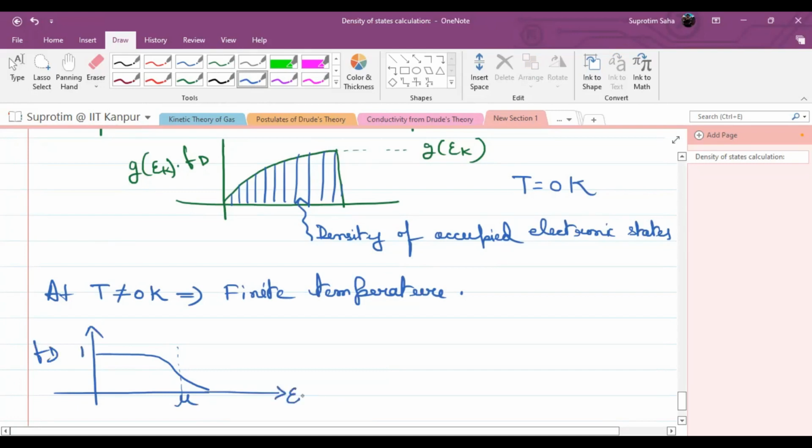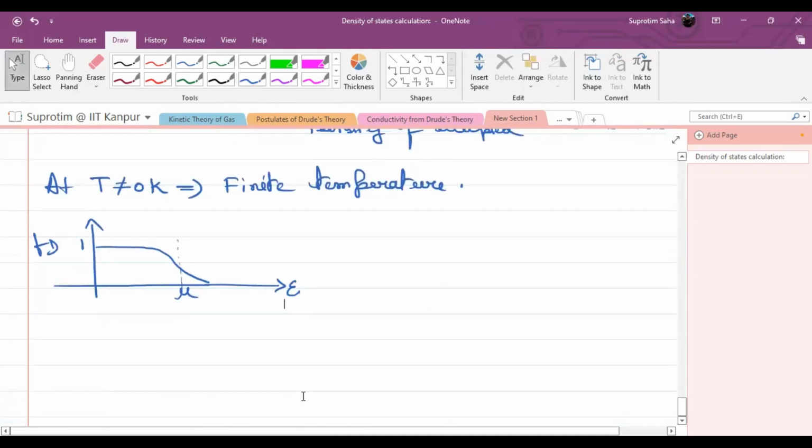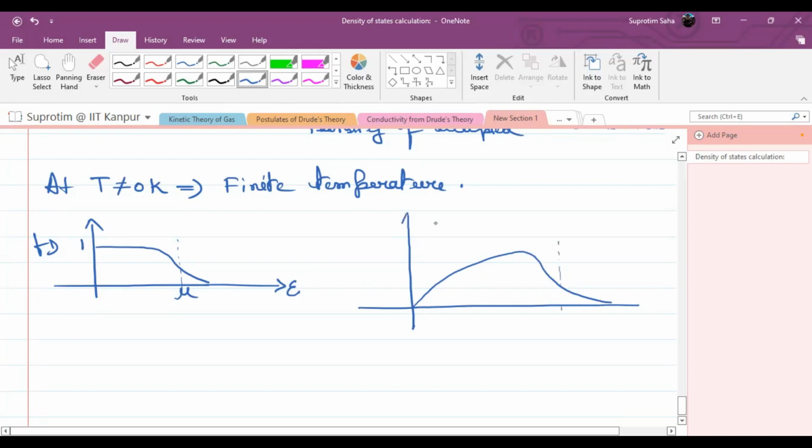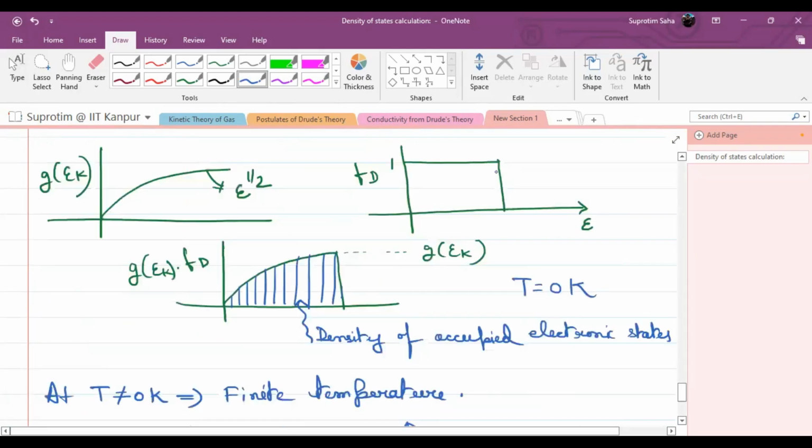So now if you do a product of these two terms, what you get is the density of occupied states will be like this. So it goes parabolically. Now it shifts, and because it is multiplied with a fraction, so in this it will be with energy. All these graphs are with energy.